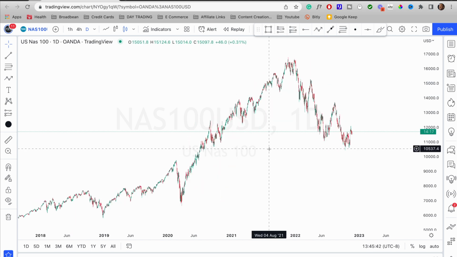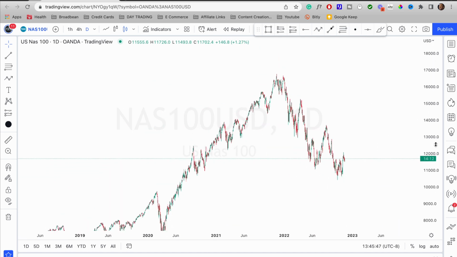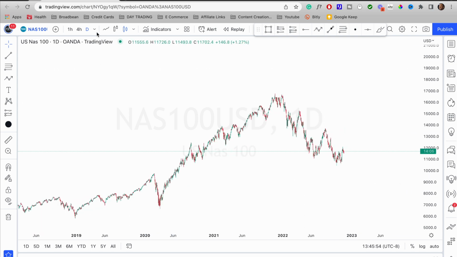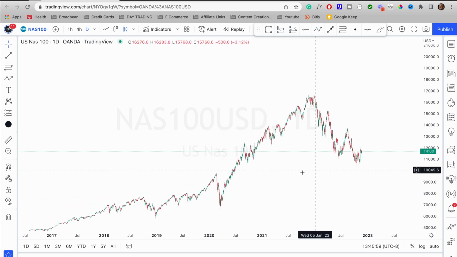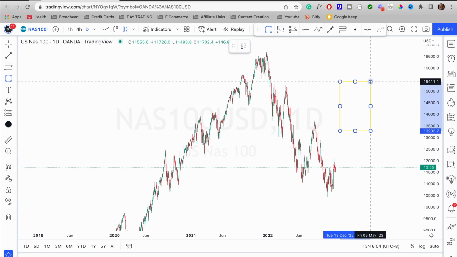Okay, I'm going to show you a technical analysis, which is basically trying to understand how to buy low, or buy at the most opportune time. Right here I'm on the daily time frame, and if you go to this tool right here, I'm going to expand this a little bit.